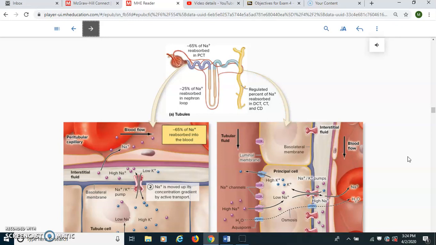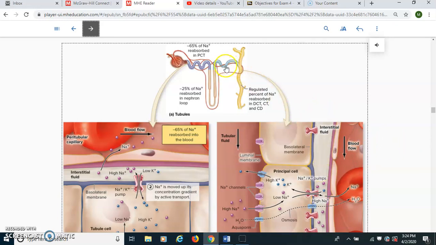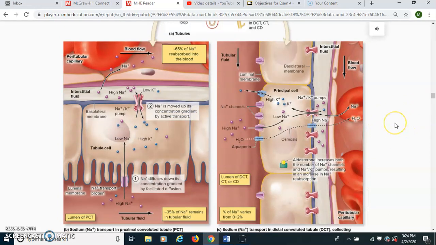Whenever aldosterone is secreted, and we're going to look at this big picture down here, it will have its effect on the distal convoluted tubule, collecting tubule and collecting duct. So this is what it does. It's a hormone that will have an influence on these tubular cells, they call them principal cells, but we'll just call them tubular cells in the distal convoluted tubule.